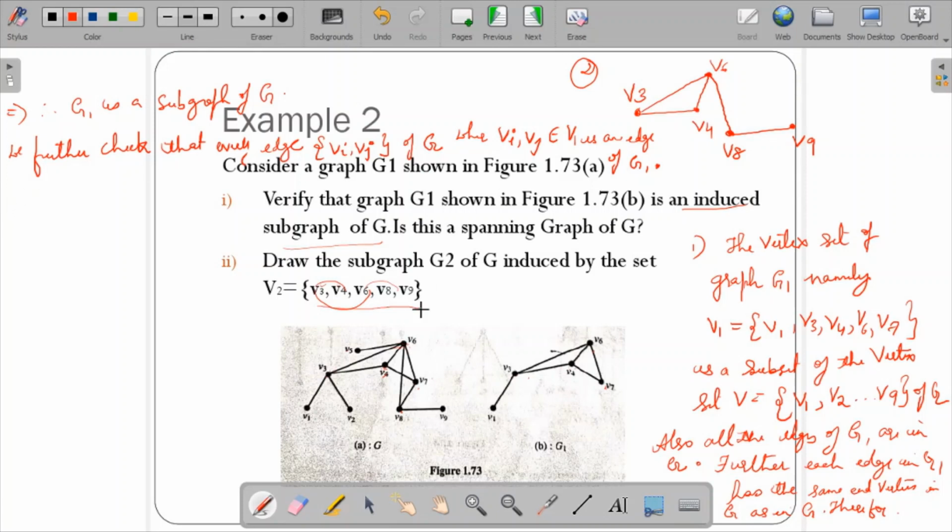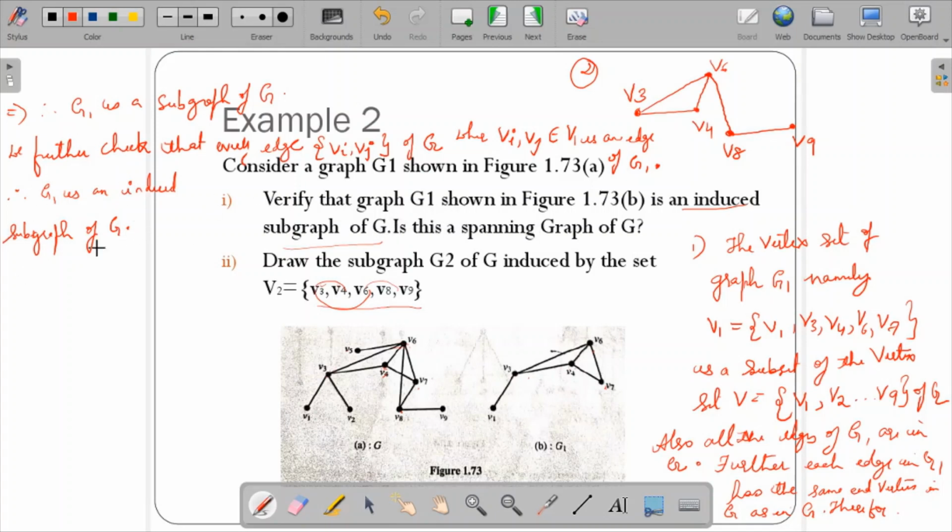Therefore, which we already verified for all these edges, G1 is an induced subgraph of G. That condition we satisfied.